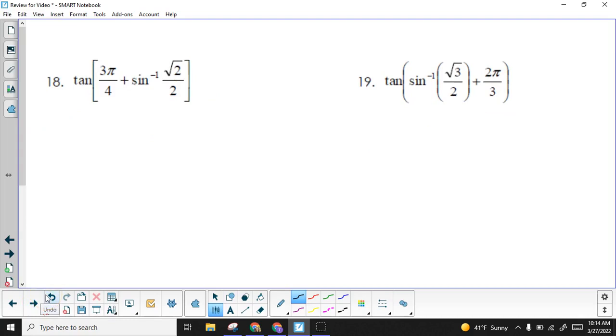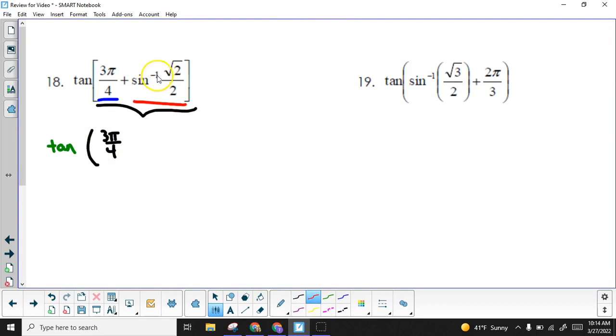Number 18, the tangent of 3 pi over 4 plus the inverse sine of root 2 over 2. Very similar to what we had before. We want to do all of this. Within here, there is this 3 pi over 4, and there's this part that we need to evaluate. And then at the end, we're going to take the tangent of all of that. Okay, so we have 3 pi over 4, and then the inverse sine of root 2 over 2.